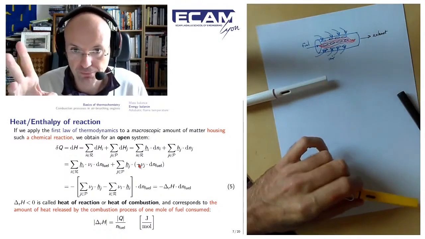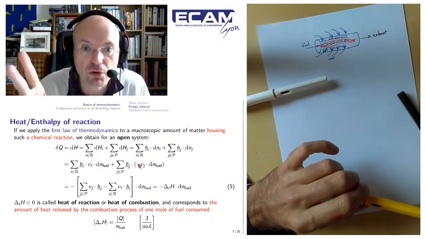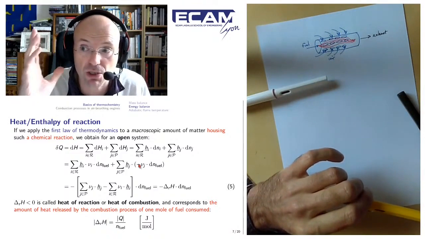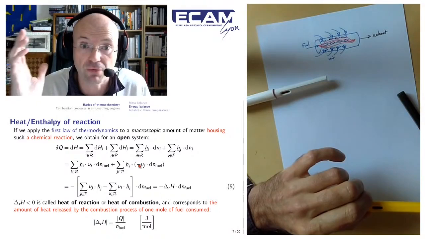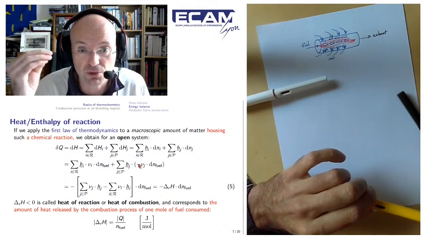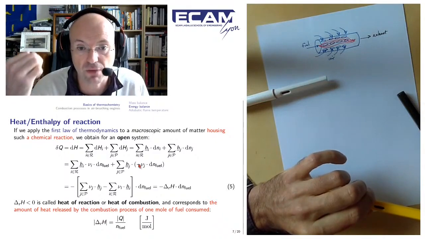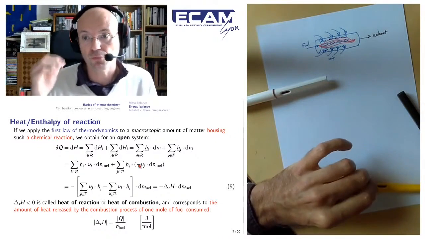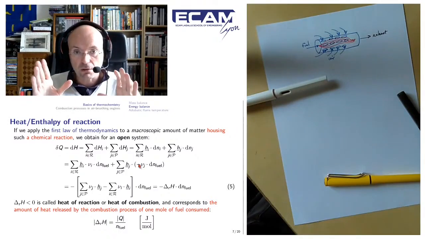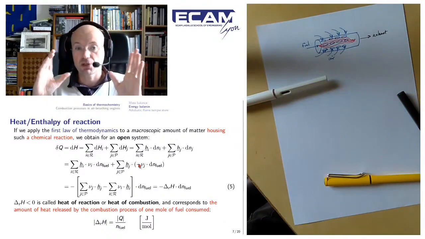This system is open, it is at constant volume, and so there is no possibility to exchange any pressure work with this system. And so this is the reason why, when I describe this using thermodynamics, I will consider the formalism related to open systems, the one based on enthalpy.